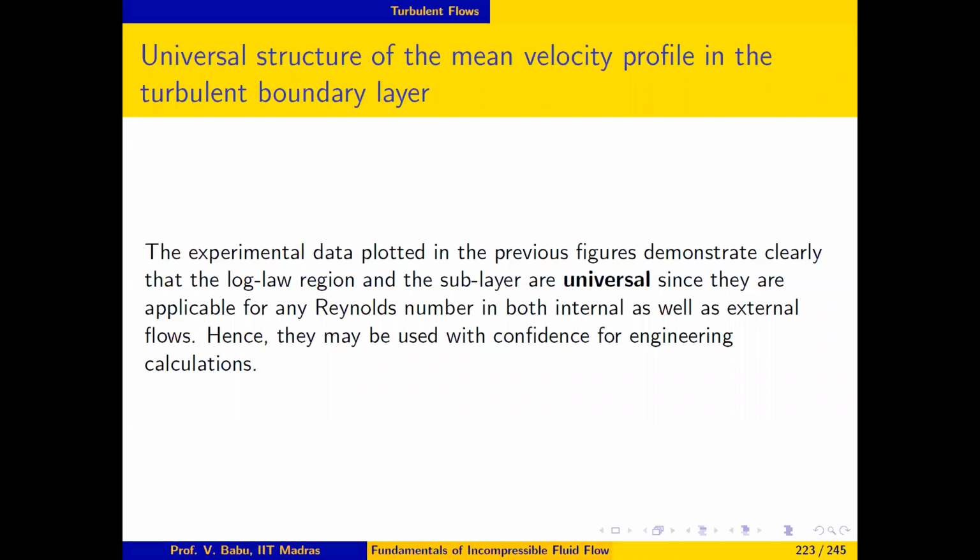One is the viscous sublayer, adjacent to the wall or the no-slip boundary, and the lower region, which is the overlap region that lies above the sublayer. Although there is an outer layer, the outer layer does not exhibit a universal structure. This was what we saw in the previous lecture.